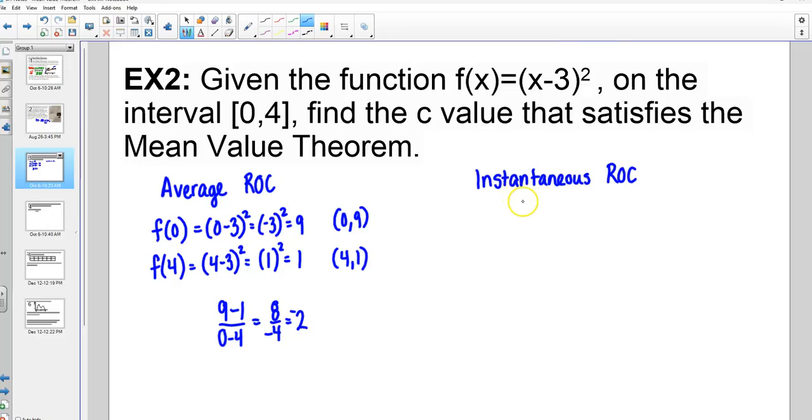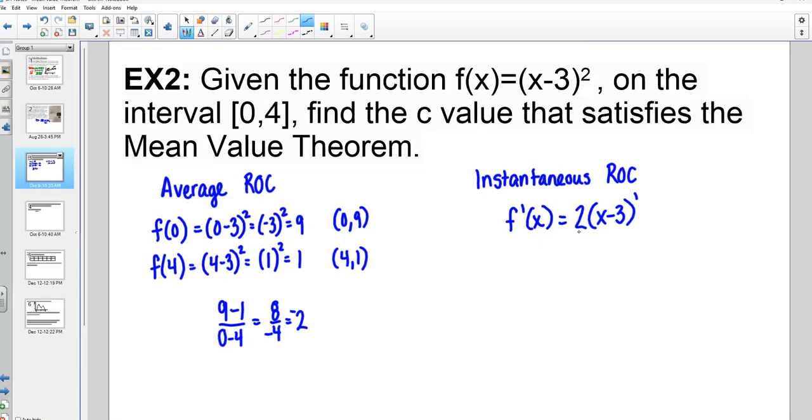So we're going to find the derivative here. f prime of x, I would use the chain rule here. You're going to get 2 times x minus 3 to the first power. Technically, you're multiplying by the derivative of the inside part, but what is the derivative of x minus 3? It's just 1, so if you leave it off, it's okay here.